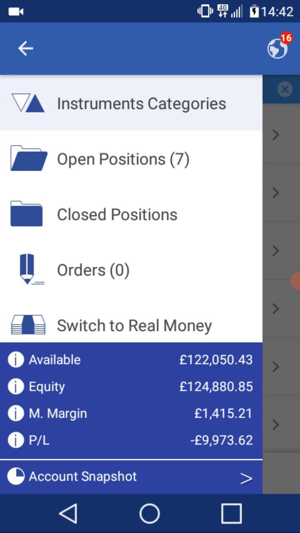Your balance would drop, the profit and loss at the bottom, P&L, would increase, your equity would decrease, and your account would absorb the available, the available above the equity.